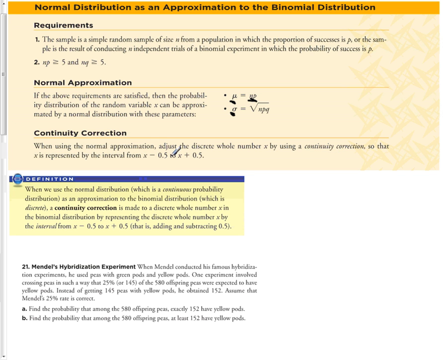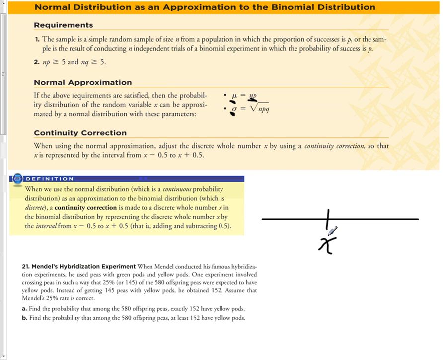Now the continuity correction. When using the normal approximation, adjust the discrete whole number x by using a continuity correction so that x is represented by the interval from x minus 0.5 to x plus 0.5. We have a value x on a number line, and it's a discrete number, because remember the binomial is a discrete distribution, but the normal distribution is continuous.